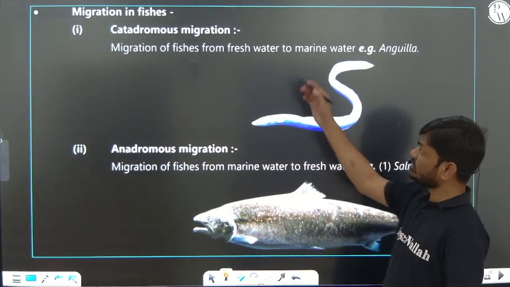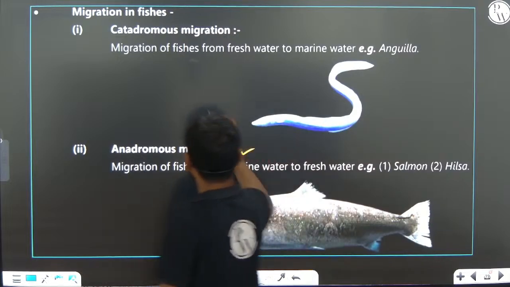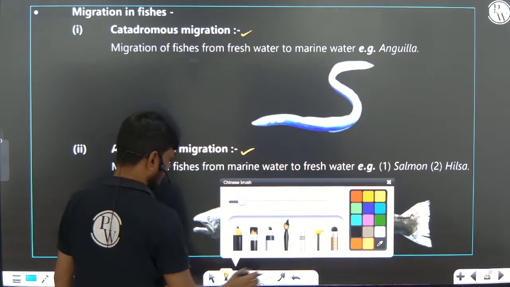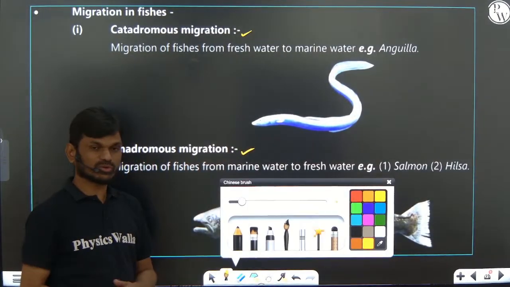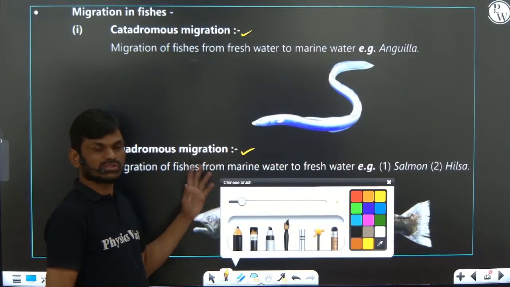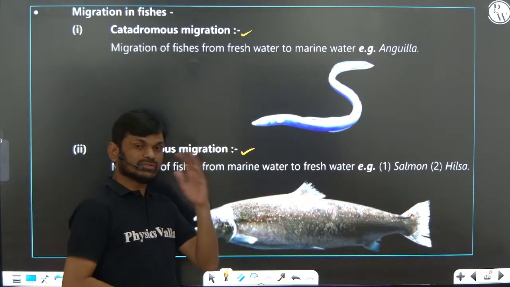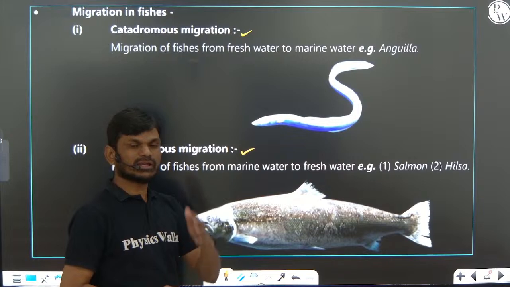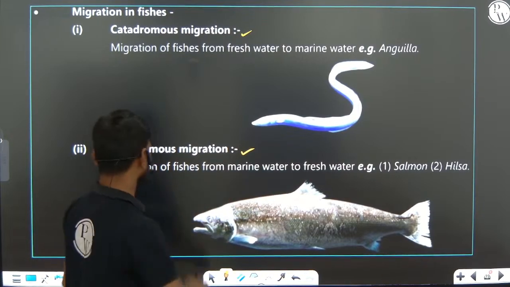So you can see these are migrations. Anadromous migration and catadromous migration are not mentioned there, but if the NEET question paper is tough, they may ask this kind of question. If a fish or any animal migrates from marine water to fresh water, which type of migration is that?